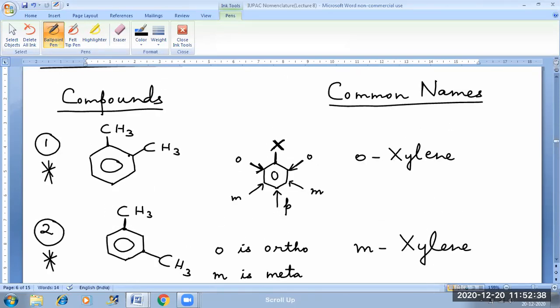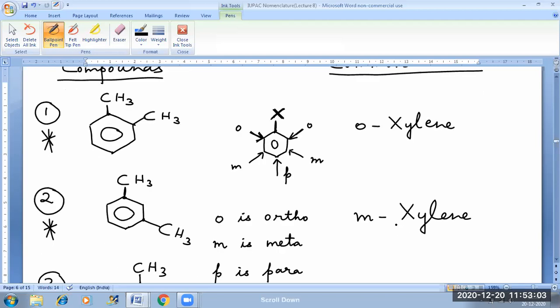Now look at the first compound. I have two methyl groups attached at ortho positions. That is why it is called orthoxylene. Xylene is the common name. Ortho means the two CH3 groups are attached at adjacent carbon atoms. Now, if you see the next compound, the second one, it is metaxylene.